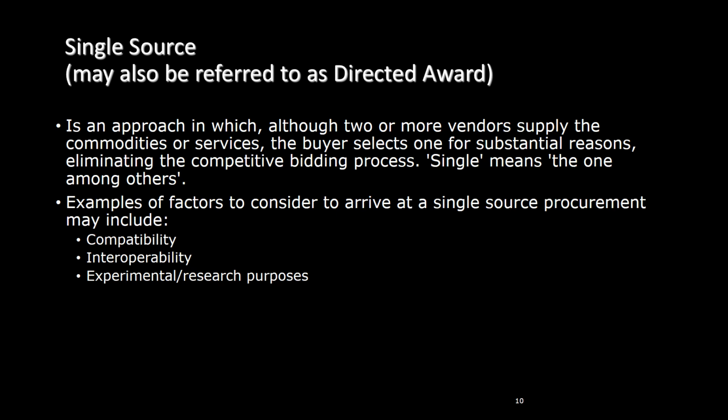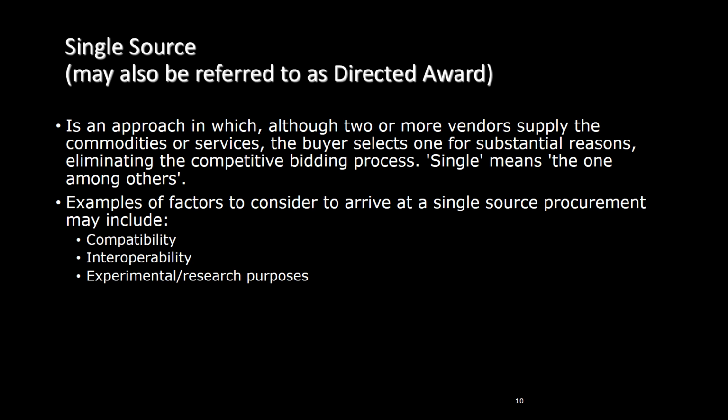Next, we will talk about single source contracts, which may also be referred to as directed awards. In a single source procurement, there are 2 or more vendors available to supply the commodities or services. However, the buyer selects a specific supplier due to substantial reasons, thereby eliminating the competitive bidding process.